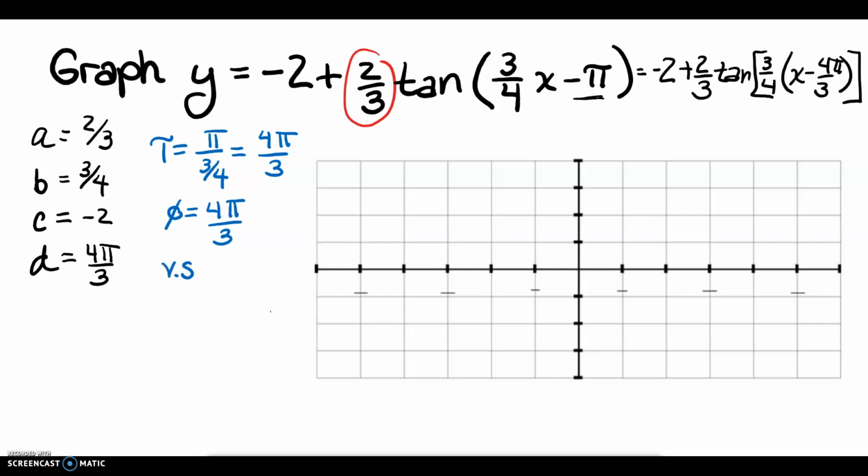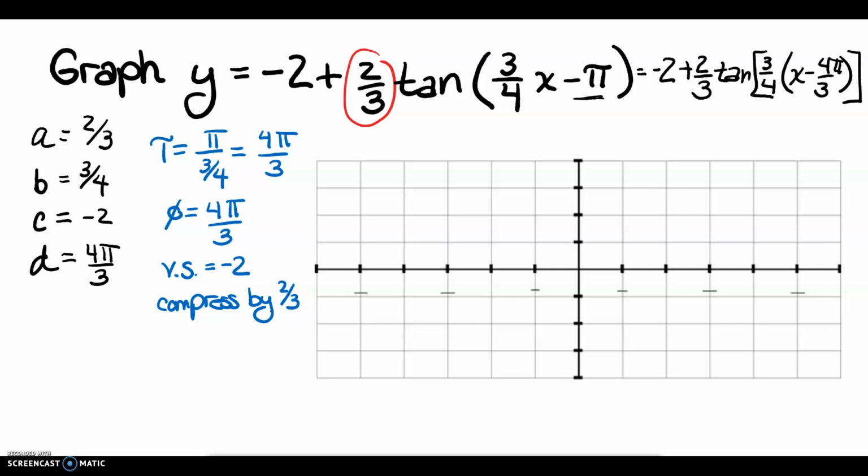I have a vertical shift of -2, meaning I'm moving my graph down. And then I have a compress factor. I am compressing my graph by 2/3. Okay, so my compress factor is 2/3.